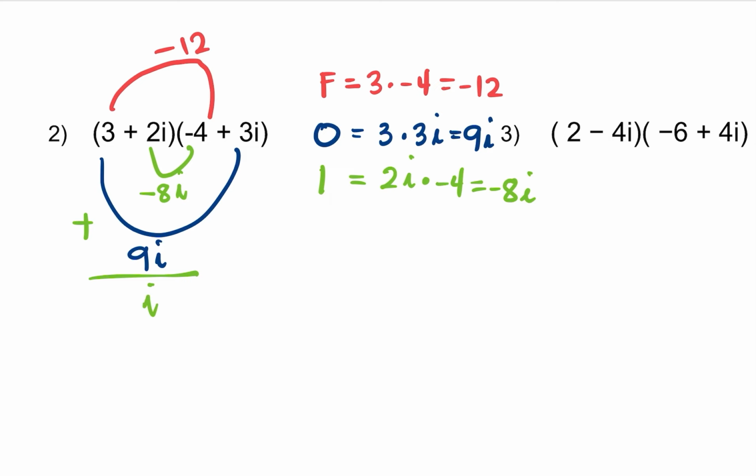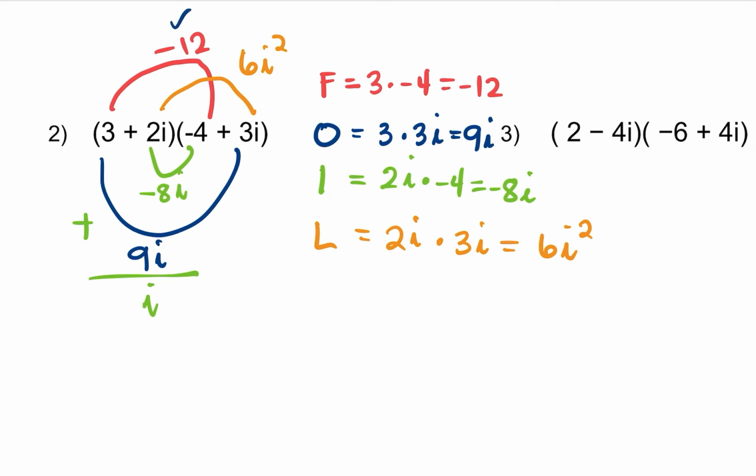And one last, which stands for L, last terms, and so that would be 2i times 3i, which is going to be 6i squared. Okay, so 6i squared.